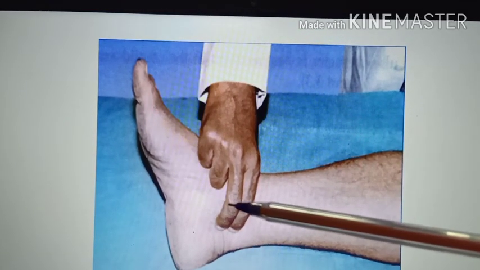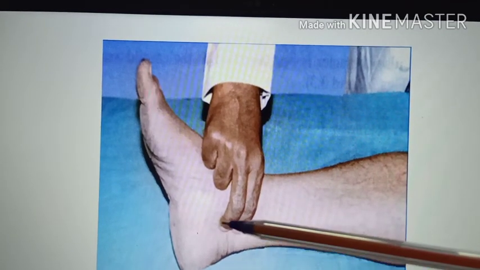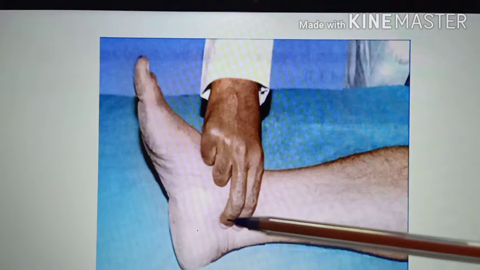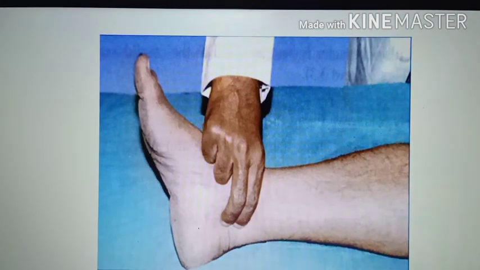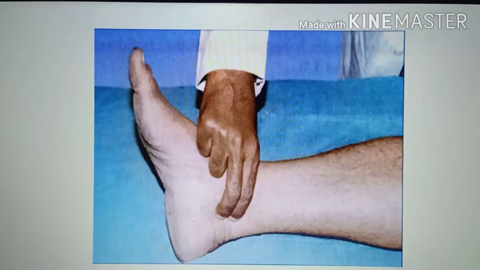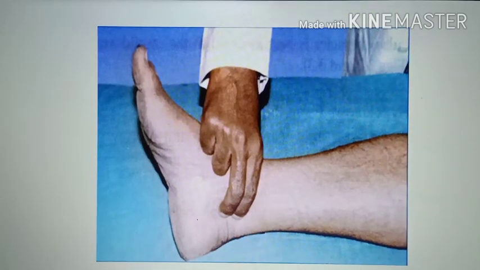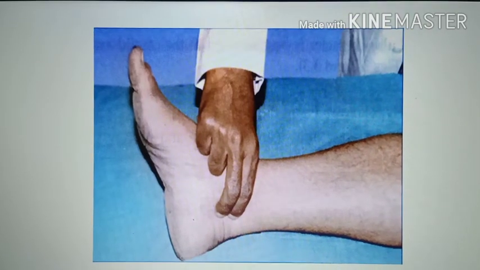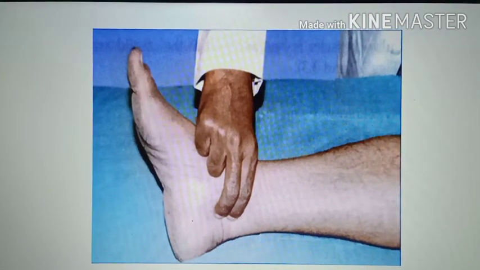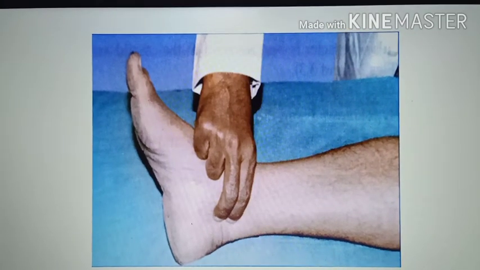So 2 centimeters below and behind the medial malleolus, you can palpate the posterior tibial artery. Since the artery passes deep to the flexor retinaculum, it is important to ask the patient to slightly invert the foot so that it will relax the flexor retinaculum.